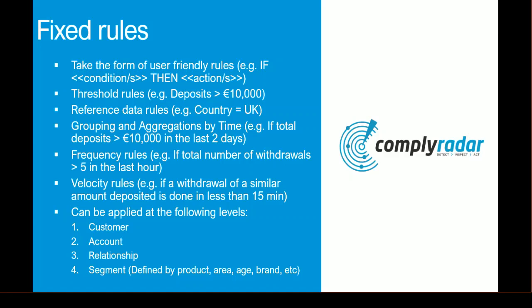So what we do typically is say, okay, this is the current state. We look at the amount of investment being put in at this point in time to be able to monitor. We look at results, meaning how many false positives, for example, are being generated, because obviously that means a lot of inefficiency in the process.